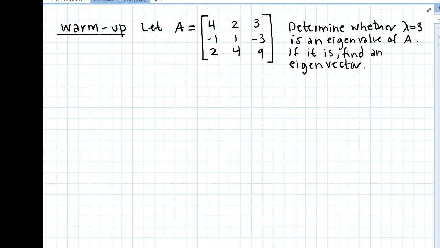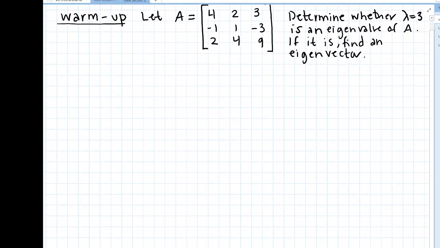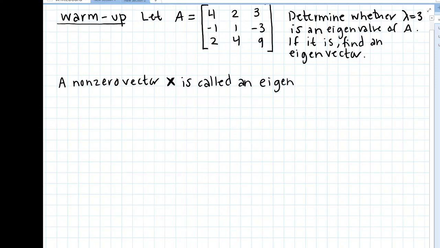Okay, just to remind you of the definition of an eigenvalue and an eigenvector, as well as the general process. Remember that the definition was that a non-zero vector X is called an eigenvector of an n by n matrix A. So we're only doing this with square matrices.